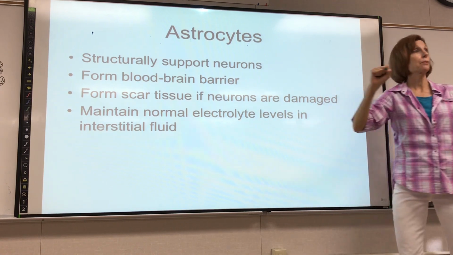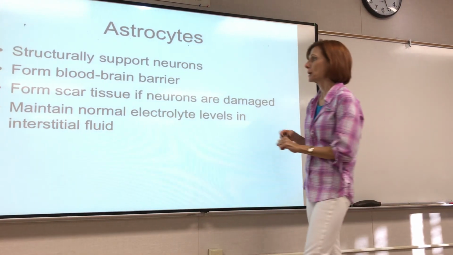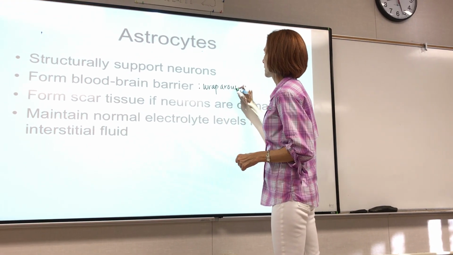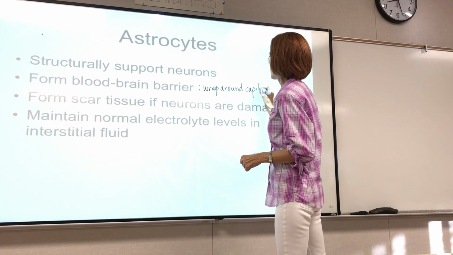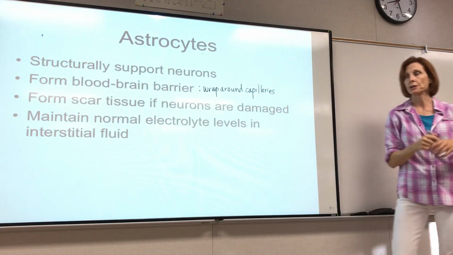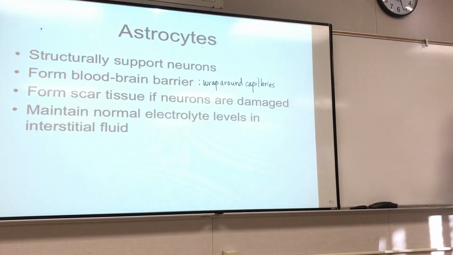They also wrap around capillaries. Capillaries are the smallest blood vessels in the body. So they wrap around these capillaries, forming what's called the blood-brain barrier, which I'm sure you've all heard of. And this just gives an extra layer of protection around the blood vessels.